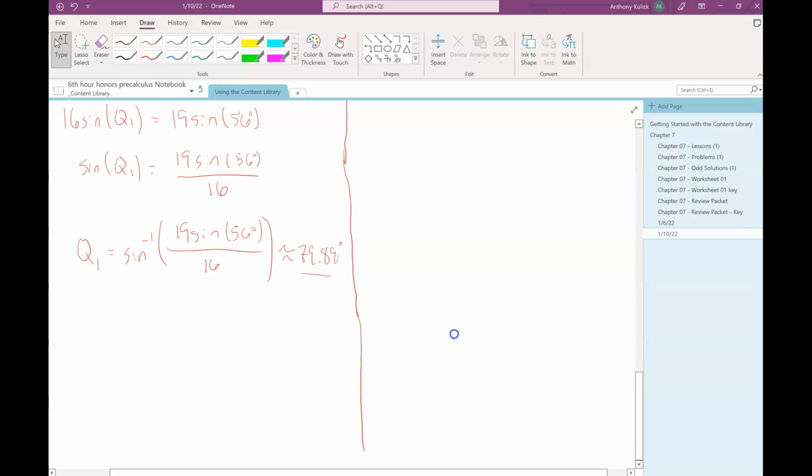Okay. So now we have to either solve for angle R or side R. One of them we can do right away. Angle R, right? And it's easy to do that because I know that I can just add up angle P and Q1 and then subtract those from 180.